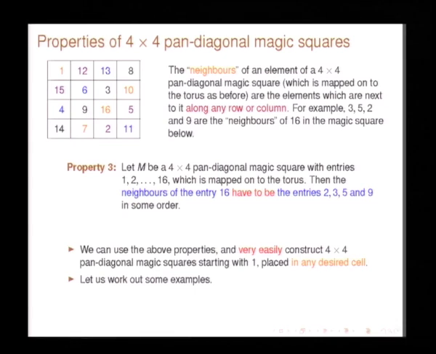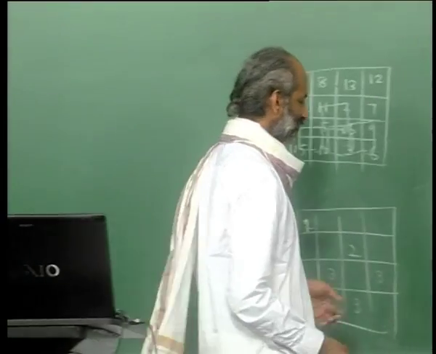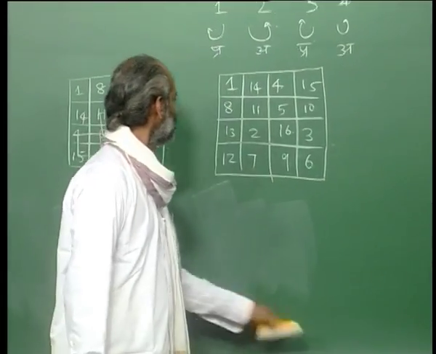Whatever configuration you arrive at, these will be the 4 neighbors of 16. This is true for any element in the magic square. Once we remember this 2, 5, 3, 9, I think we will be able to construct the entire magic square. Along with the earlier property, I will just work out an example.